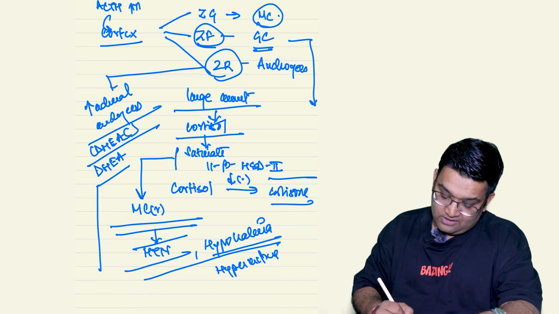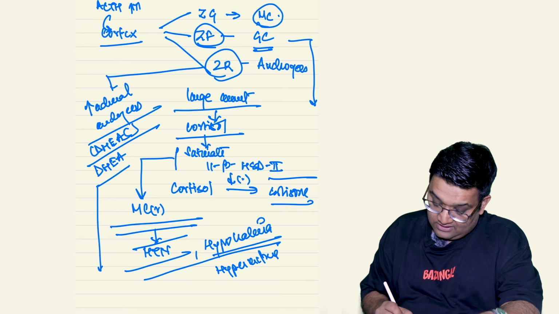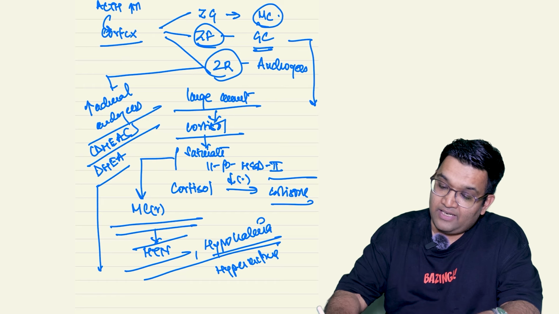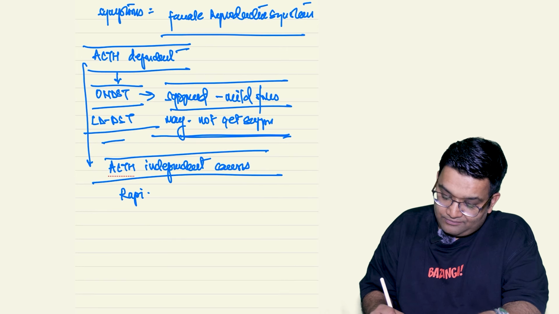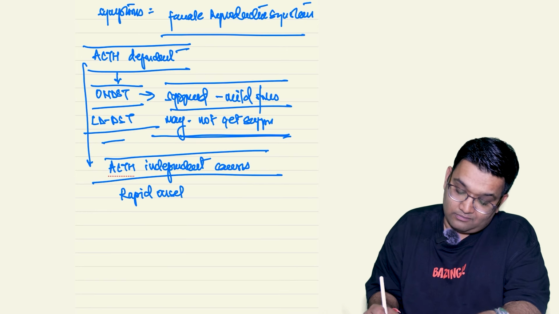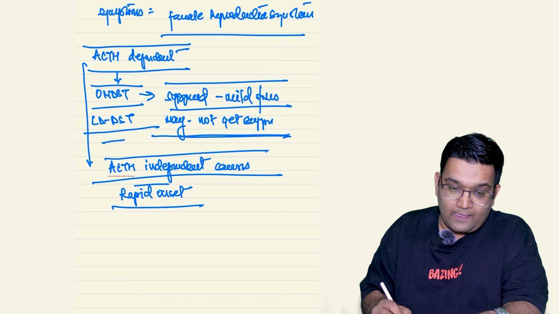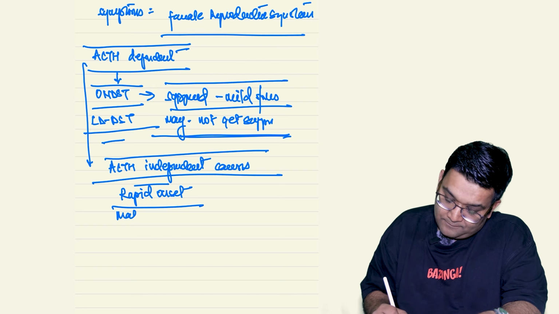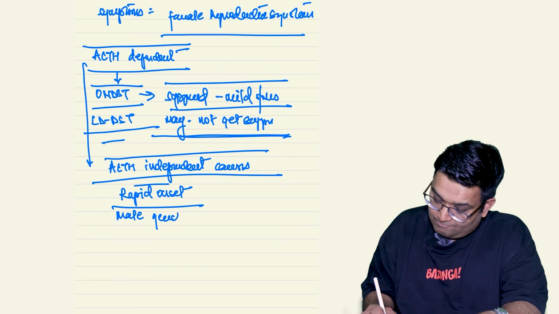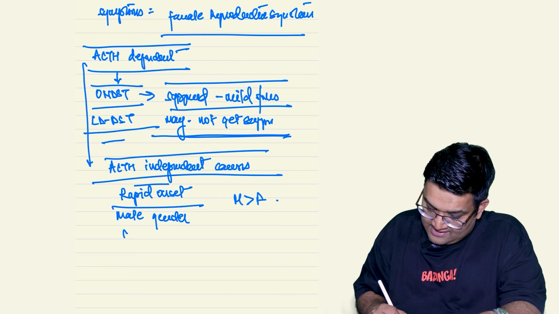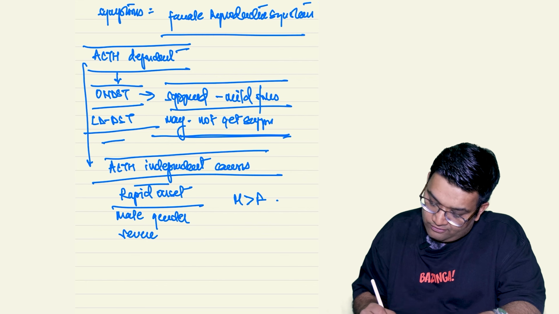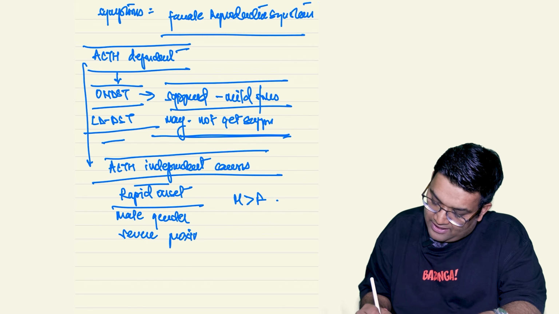So this will cause problems because this may lead to, it will be a rapid onset, it will be a male gender, it will be a severe kind of proximal myopathy.